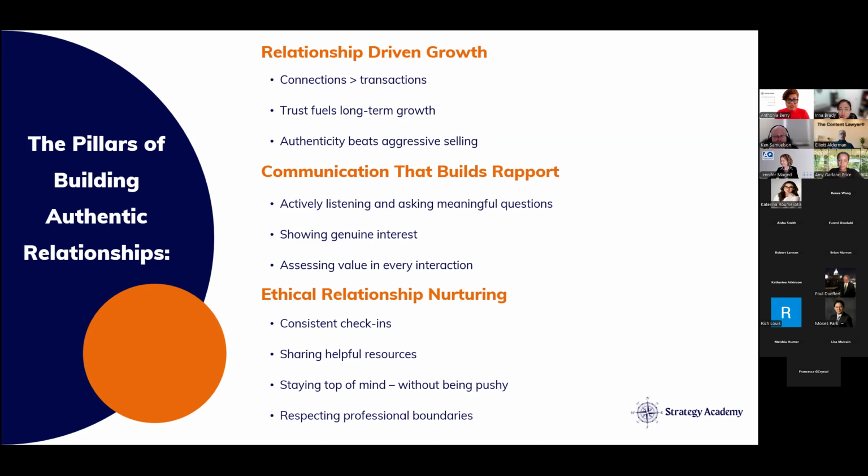So assessing value in every interaction is a piece that I like to encourage attorneys to do because the more interaction that's happening tells you more about the strength or weakness of the relationship that you're having with the client or potential client. So assess, after communicating with them, was that a good interaction or bad interaction?